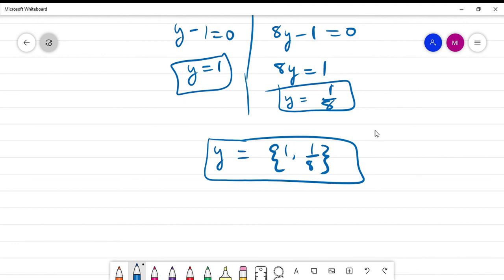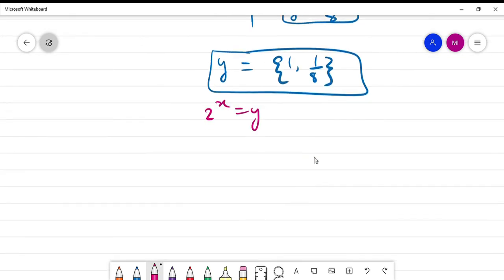And now we have values for y. We're going to put it back in the relationship 2 to the power of x equals y, since it does. So we're going to put each of the values of y here. For y is equal to 1, 2 to the power of x is equal to 1.